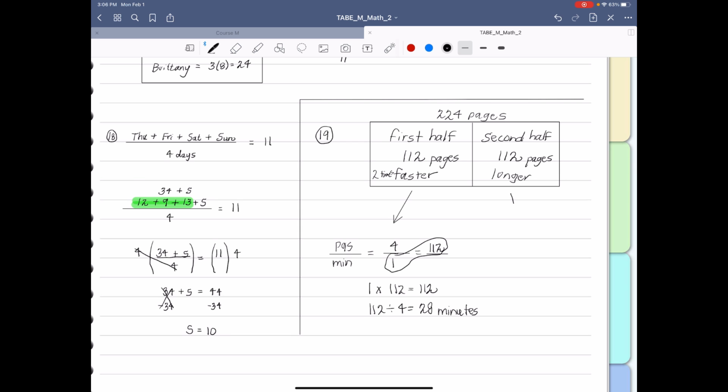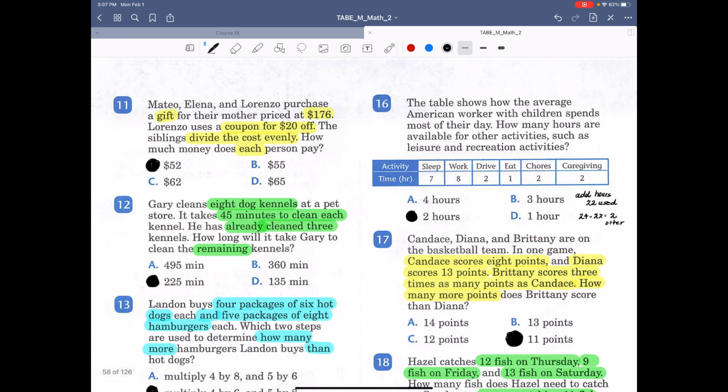And this half of the book took him twice as long. So I'm going to say 2 times 28. That's 56 minutes it took for the second half. So the first half was 28 minutes. The second half was 56.